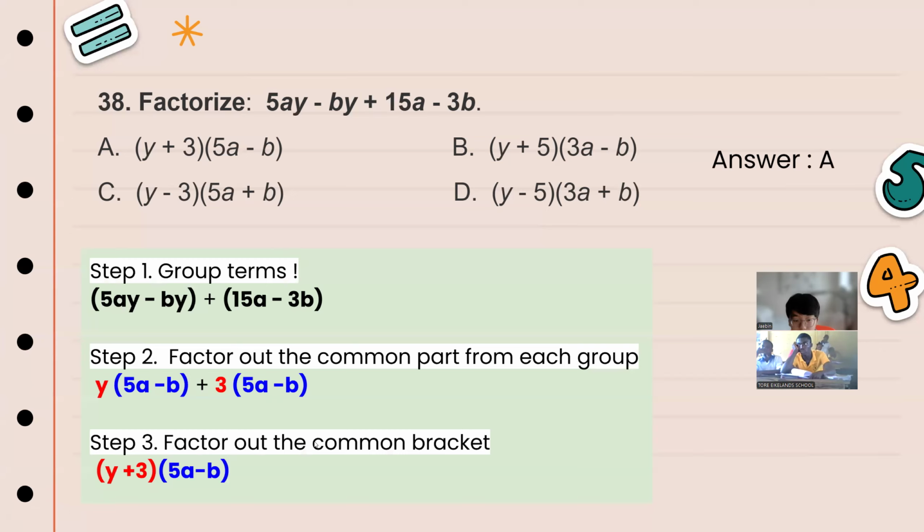Step 3, factor out the common brackets. In our case, the common bracket was 5a minus b, and we can take that out. And then we multiply by y plus 3, because those were the multiplication from the factors. And these 3 steps are the ways that we can factorize this here.